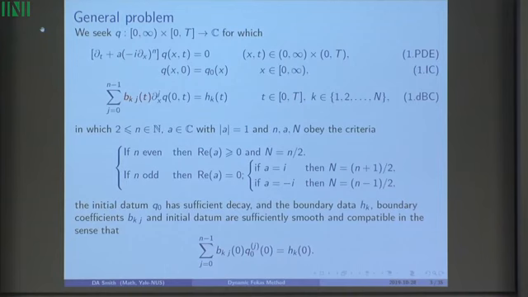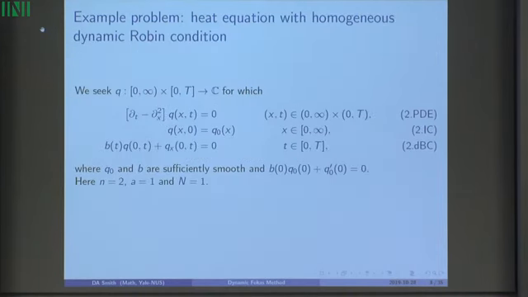Most of the talk I won't talk about that problem. I'll talk about the example problem, which is the heat equation with a dynamic Robin boundary condition. Although there's really no complication in making it inhomogeneous, I'll start with a homogeneous version. This one actually has an application, inspired by a talk we had this morning.